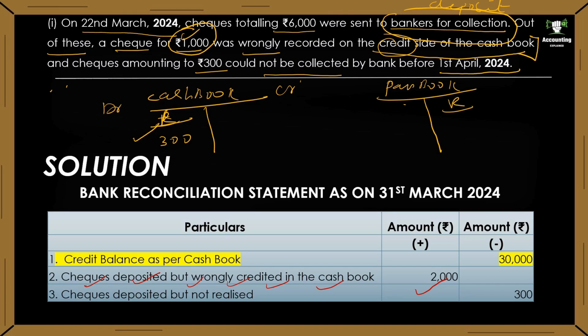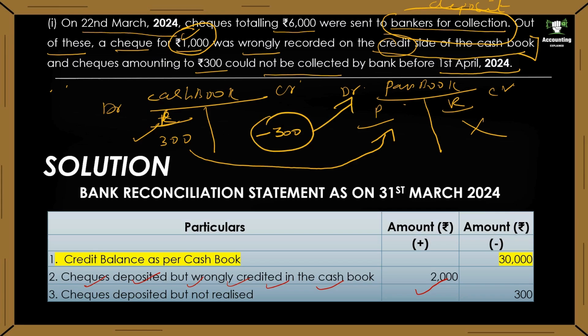So your credit side will be receipts and your debit side will be payments. That entry is not made. So if we have to find out the passbook balance from the cash book, only when you deduct this 300 rupees, you will get the passbook balance because that entry is not recorded. So see point number 3, checks deposited but not realized, 300 under the deductions column.